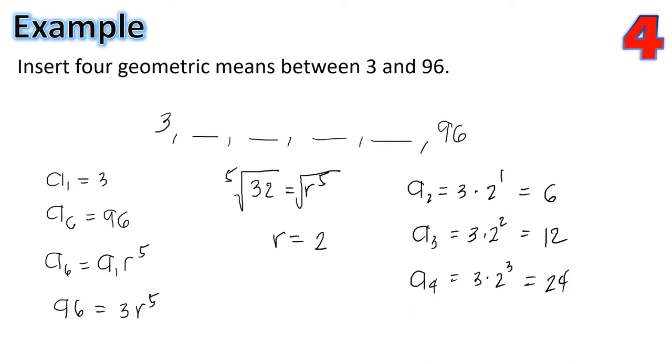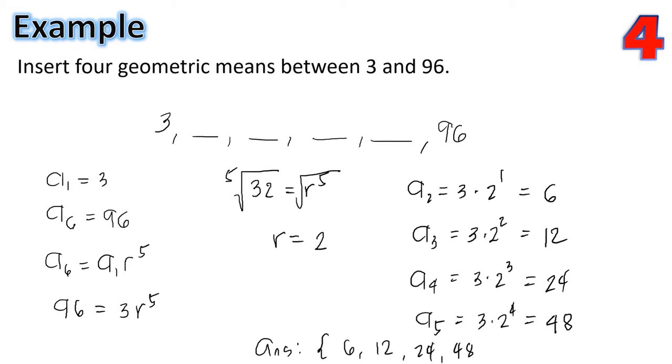A sub 5 is equal to 3 times 2 raised to 4, and that is 48. Hence, the 4 geometric means between 3 and 96 are 6, 12, 24, 48. To check our answer, let us multiply 48 by the common ratio, and the answer must be 96. 48 times 2, we have 96.